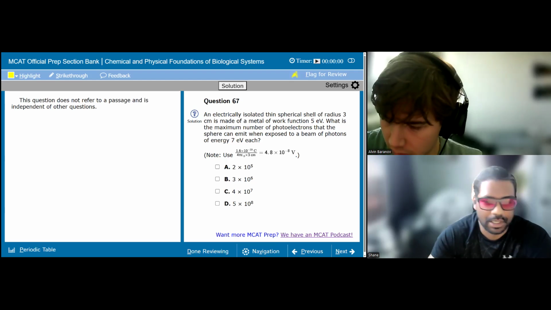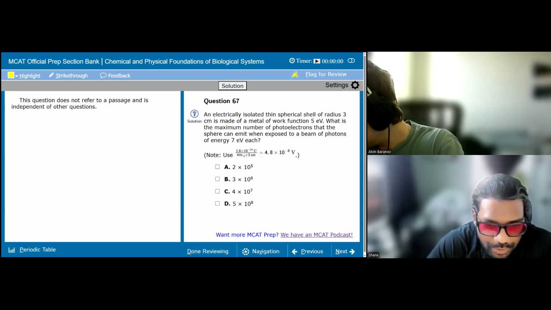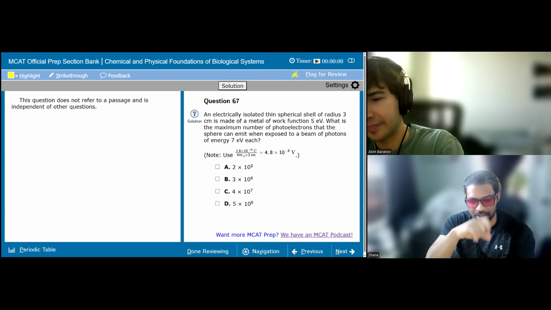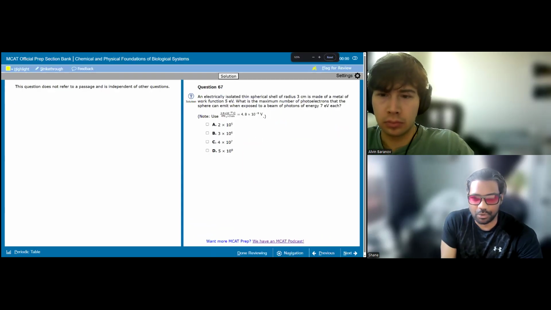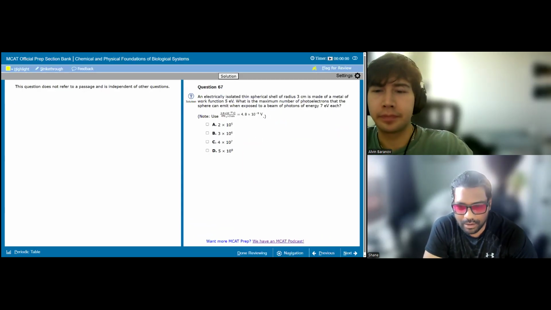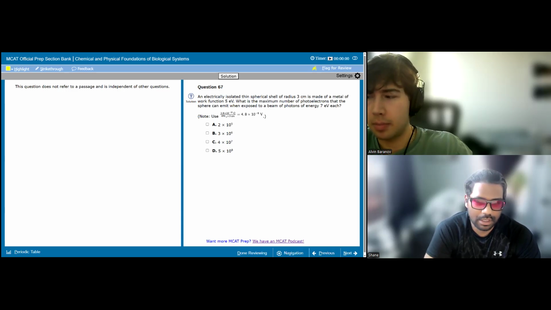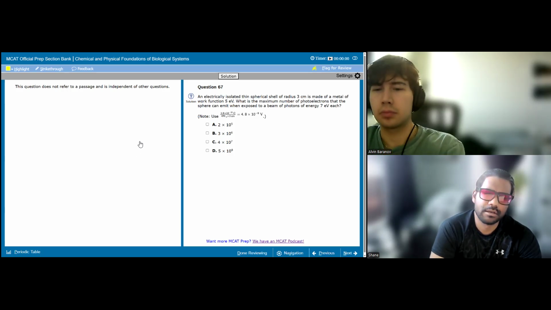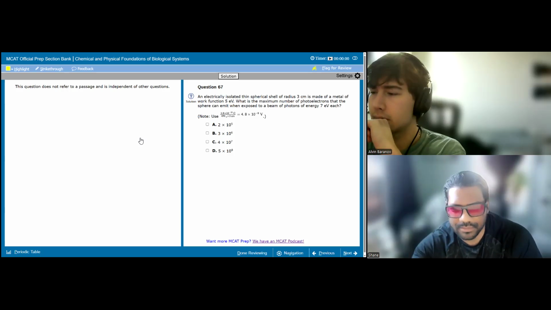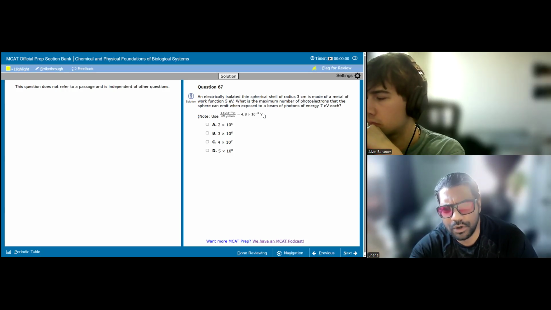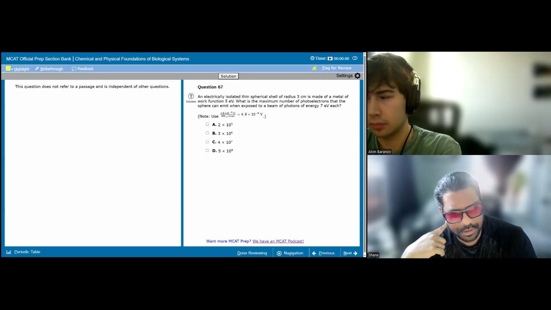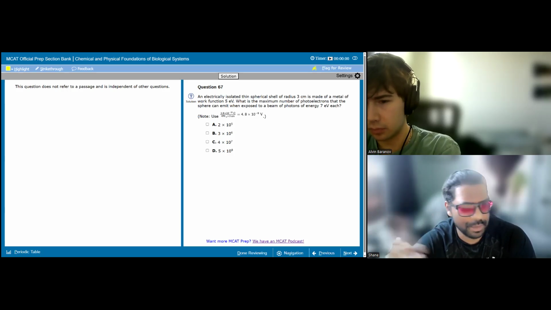The number of photons. Okay, so we're going to do one electron is equivalent to 1.6 times 10 to the negative 19 coulombs. We can do that. Oh, wait. Coulombs per, it's in centimeters. But I thought it was supposed to be area, which would have to be square centimeters.